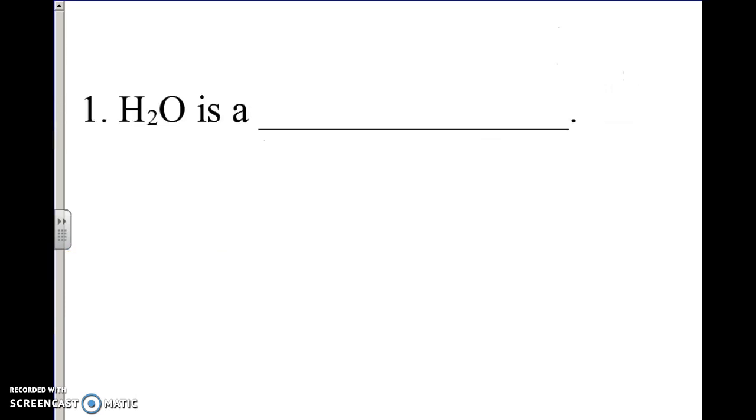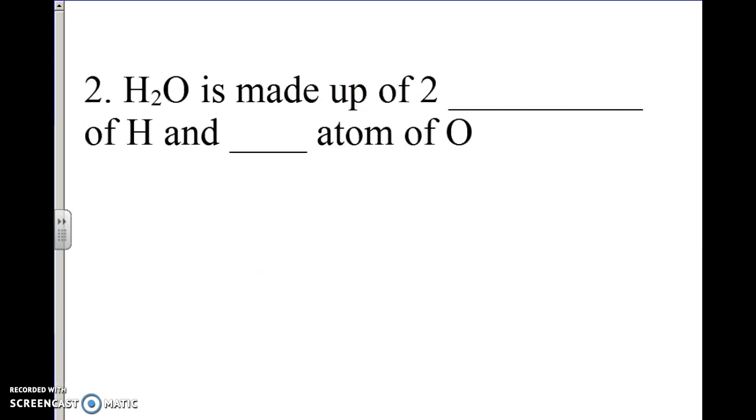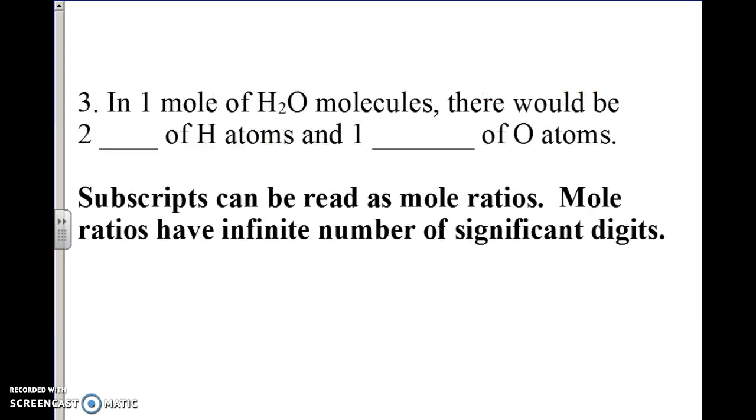Alright, so just like before, H2O is a molecule. And H2O is made up of 2 atoms of hydrogen and 1 atom of oxygen. This is where it gets a little bit more important because we're going to actually use this kind of information today.